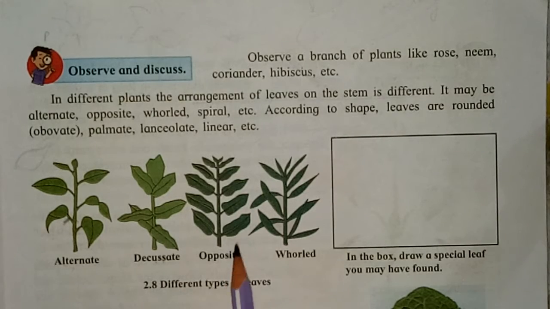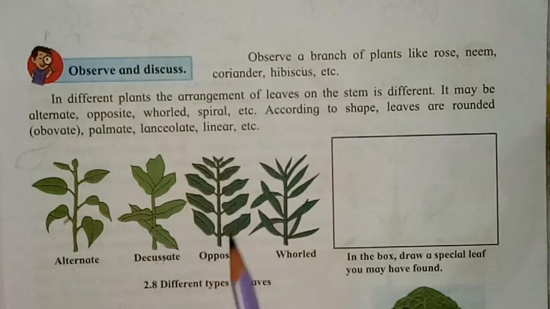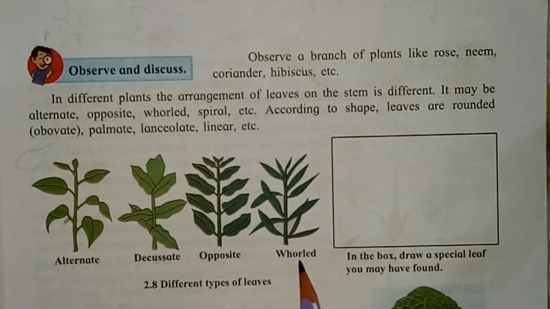Next is opposite. Both the leaves are present in front of each other, opposite of each other, so this is called opposite arrangement. Last one is whorled arrangement. Here from one node two to three leaves are coming out, so this is called whorled arrangement.